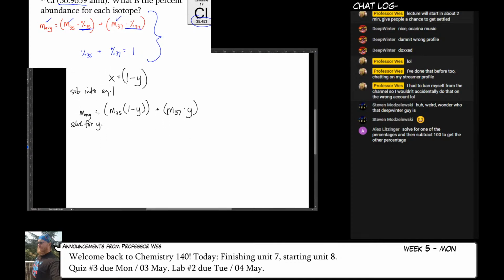So let's do that. First, I'm going to do the algebra, which means distributing this. So m average still equals that. m35 times 1 is just m35, minus m35 times y. And then I have this term over there too. I don't really need these parentheses anymore, so we'll get rid of them.